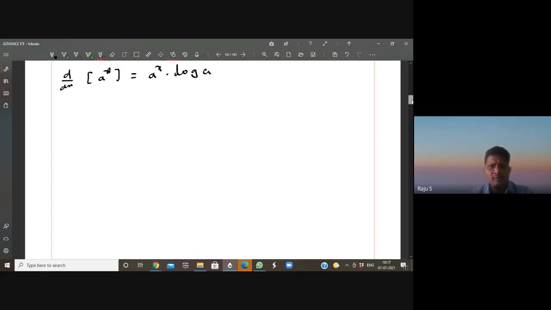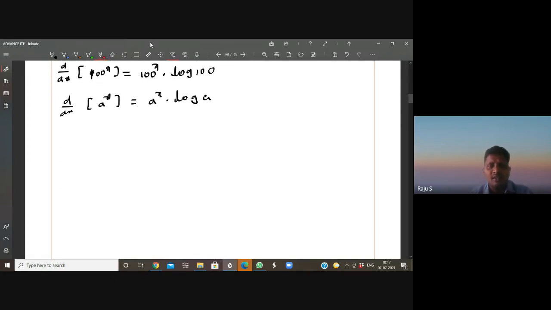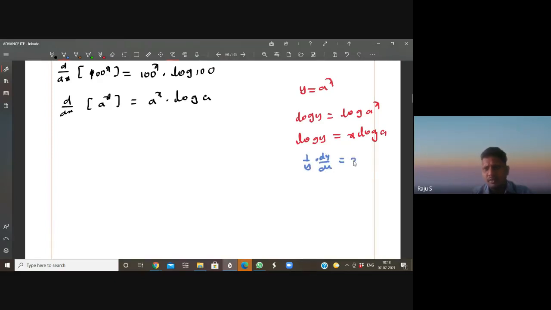So how to differentiate this with the logarithmic method? Logarithmic differentiation: if I take y is equal to a power x and I want to differentiate, apply log on both sides. Log y is equal to log a power x, the right side is x log a. Now differentiate here. 1 by y into dy by dx is equal to x derivative, which is 1, into log a.